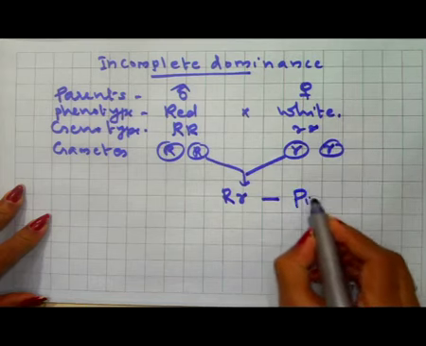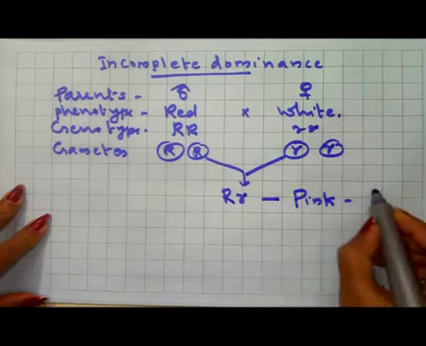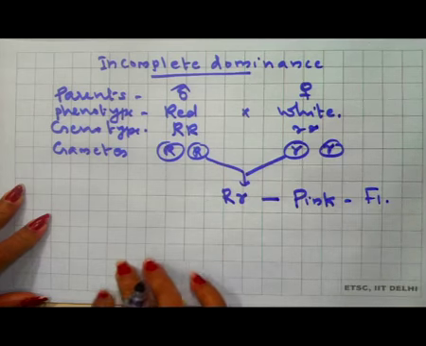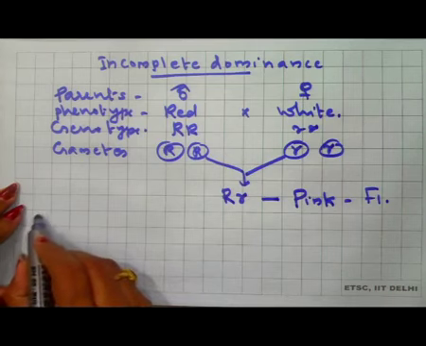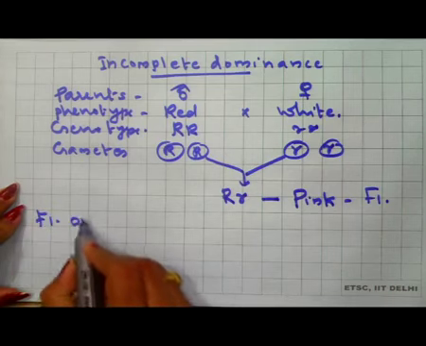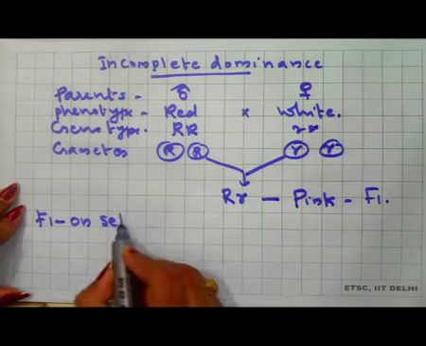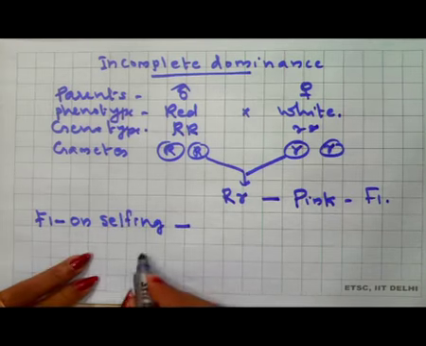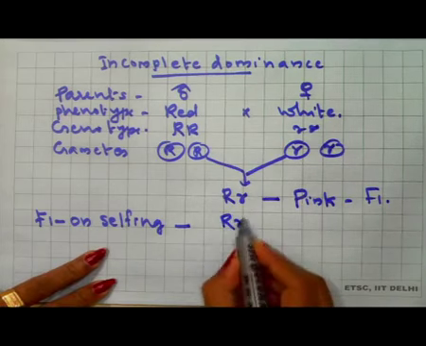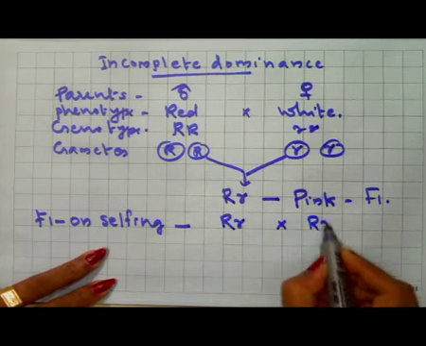The phenotype is pink in the F1 hybrids. Then F1 on selfing, to produce the F2 generation, we can write it like this.